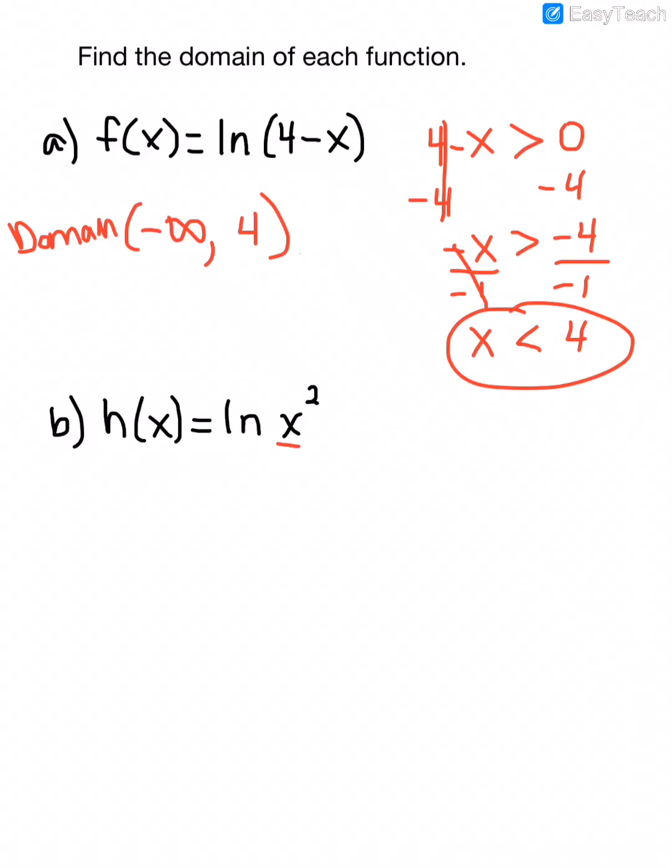But if I square 0, it stays 0. Remember, for the domain of the function, whatever the argument is has to be greater than 0. So if I plugged in a negative number, it turns to positive. If I plug in a positive number, it stays positive. But it can't be 0, because if I plugged in 0, 0 stays 0.